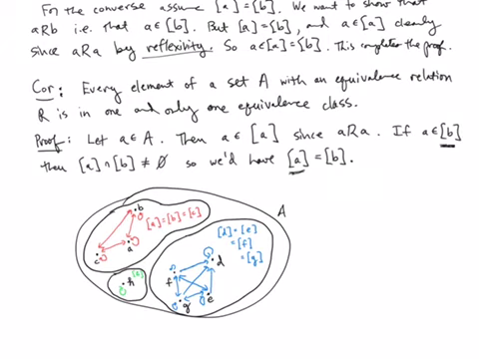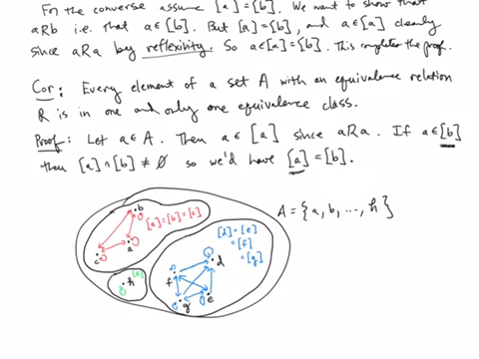And let's say maybe our set A is just A, B, through H. And so this is what our equivalence relation does. It has to break up our set into these equivalence classes, and everything is in an equivalence class, and no two equivalence classes overlap.